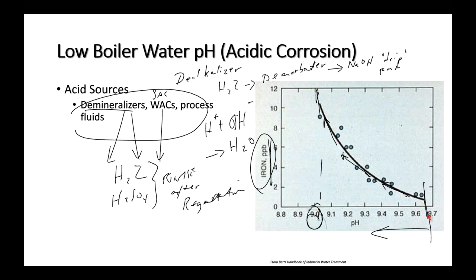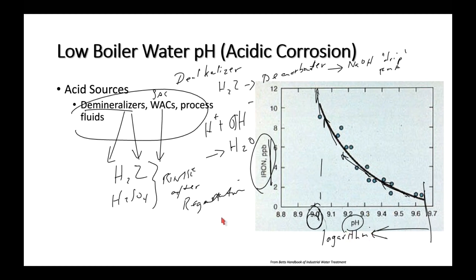So, the pH doesn't have to change very much for the rate of corrosion to increase logarithmically, which only makes sense because the pH scale is a logarithmic scale, and we always have to keep that in mind.